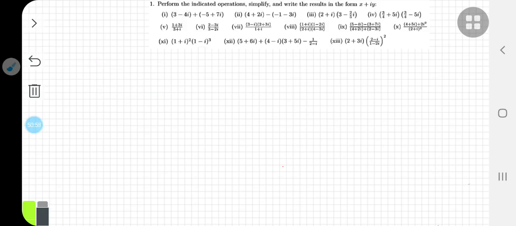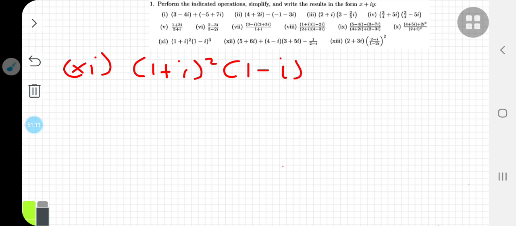Part 11, which is saying (1 plus i) squared and (1 minus i) cubed. So this one, it's easy.